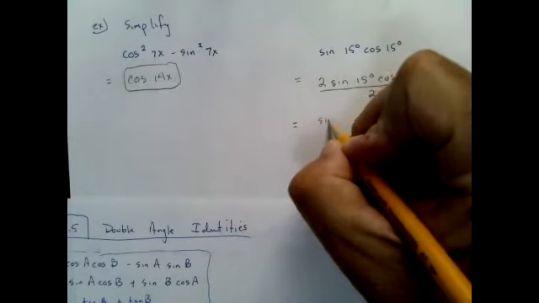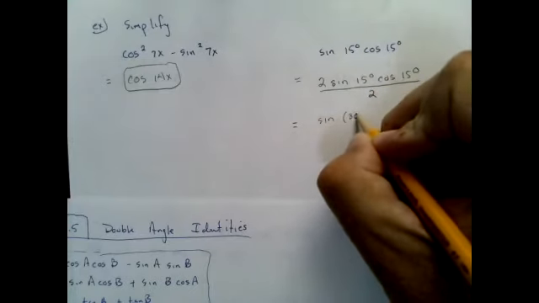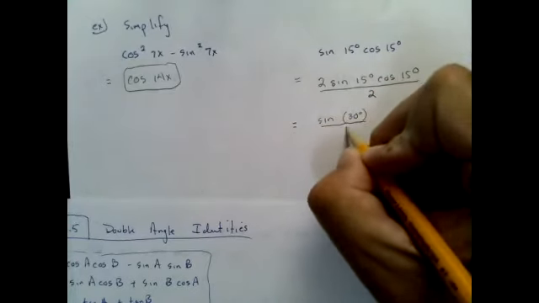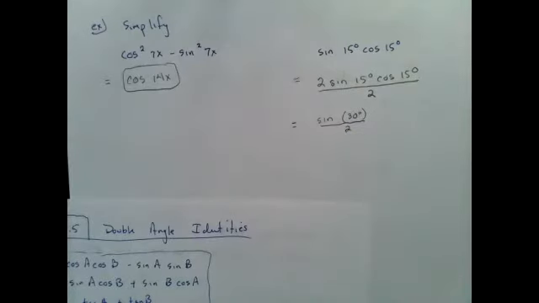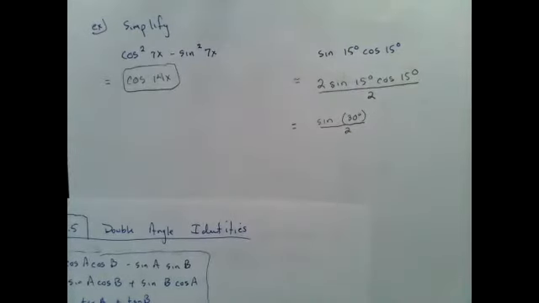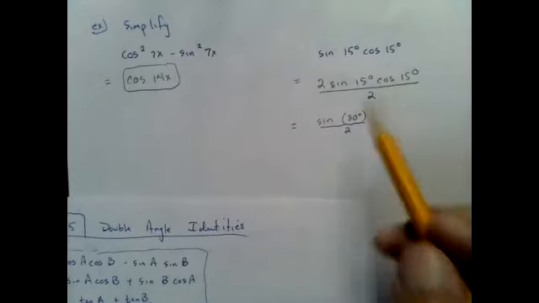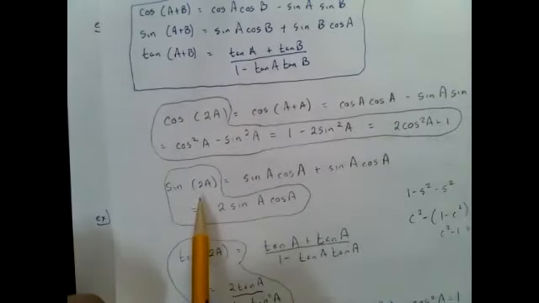Here I have 30 degrees, so the sine of 30 degrees. I took this angle and doubled it. That's the whole idea behind these double angles, being able to rewrite back and forth.